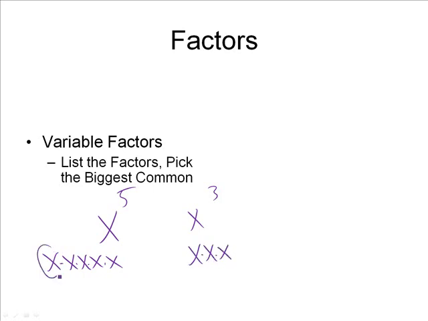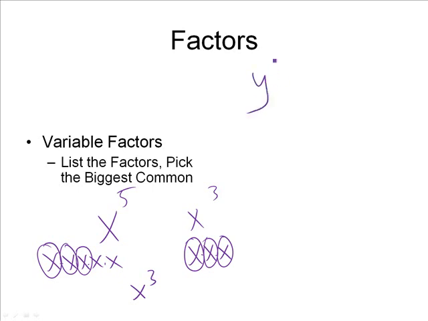So then we can see that, okay, we have a common x there, we have another common x there, and we have another common x there. So the greatest common factor between the two is x cubed, because they both have 3 x's comprising them, but the x to the 5th just has a couple more x's.